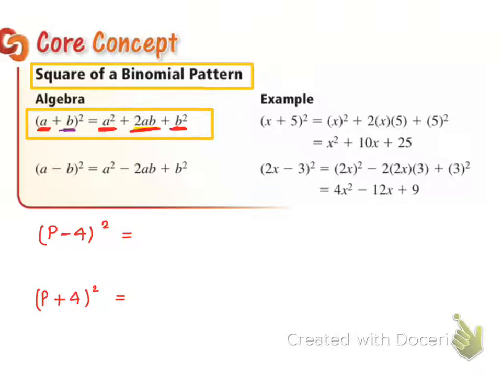Same way, if you have minus in between, a minus b whole square: square of first term, square of second term, and because there is a minus sign, you have to be super careful. If there is a plus sign, this is going to be plus. If there is a minus sign here, this is going to be minus, so minus 2ab.